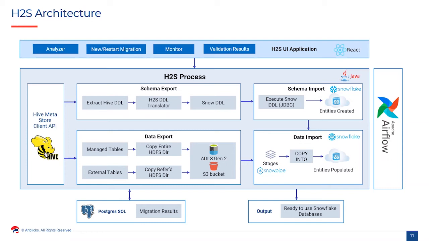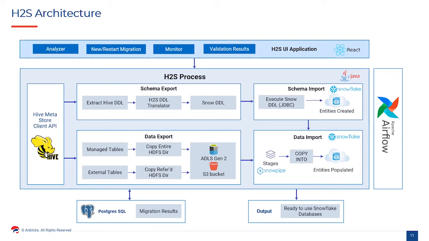Once the schema is created, you can start exporting the data and importing it. Data export is completely an optional step, as I said before. If you decide on using this tool to move the data from source to target, data export will connect to the Hive metastore, learn about the HDFS data locations, and move them into the staging area first.